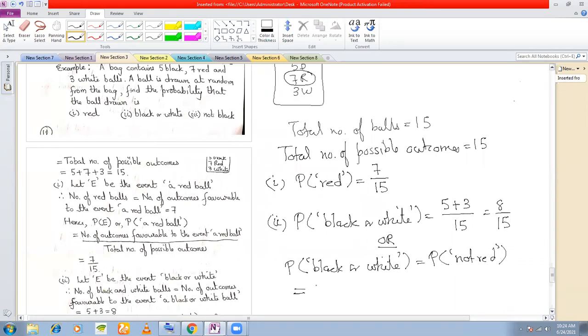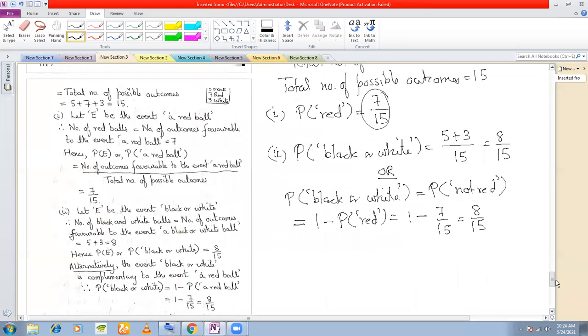And you know, P(not red) is 1 minus the probability of getting a red ball. We have already calculated the probability of a red ball. What is it? 7 by 15. Now take the LCM, you get 8 by 15. Is this okay, or should I explain this once again, or any problem here? This is very important. If you have not understood, please understand very well.